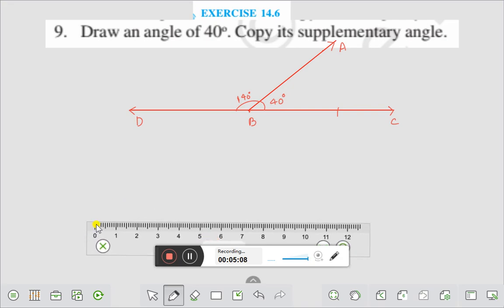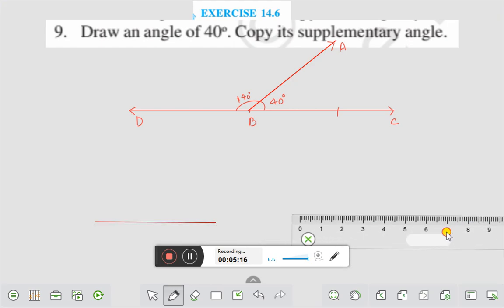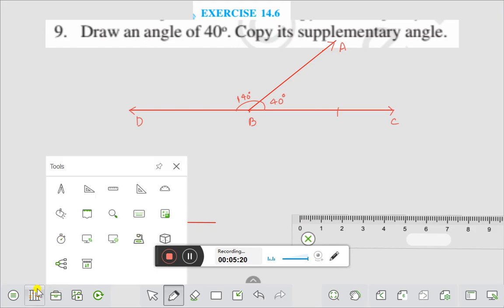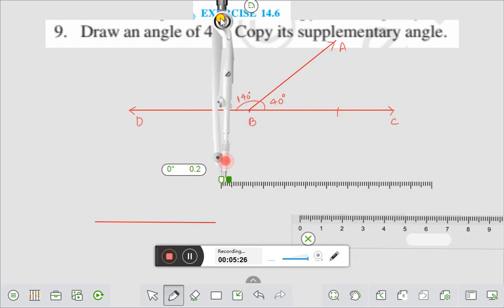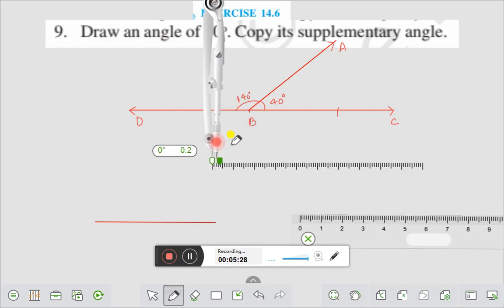We have taken a line here first, and with the help of protractor, take a protractor here. We have taken a protractor, right? Now with the help of protractor, we will draw an arc, right?